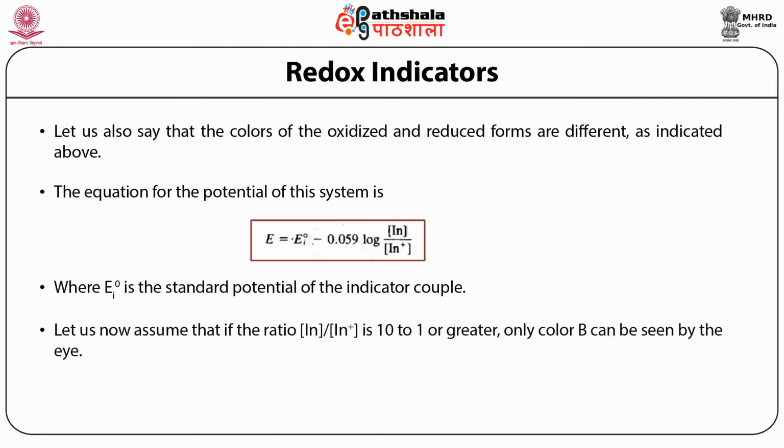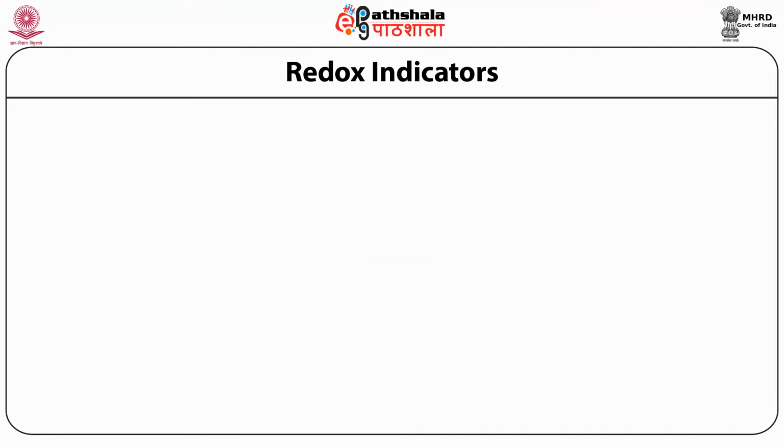Let us now assume that if the ratio of [In] to [In plus] is 10 to 1 or greater, only color B can be seen by the eyes. If the ratio is 1 to 10 or smaller, only color A is observed.